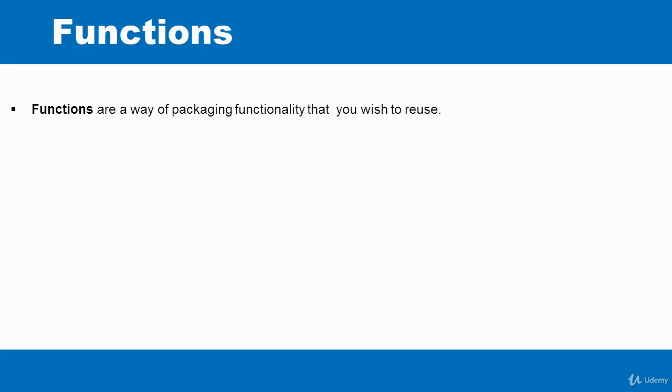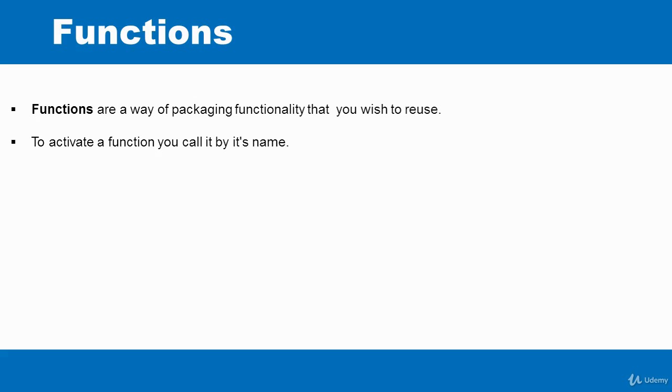A JavaScript function is executed when something invokes it. By invoke, I mean calls it. So in order to activate a function after it has been created, you need to invoke it or call it. And usually you do that by its name.